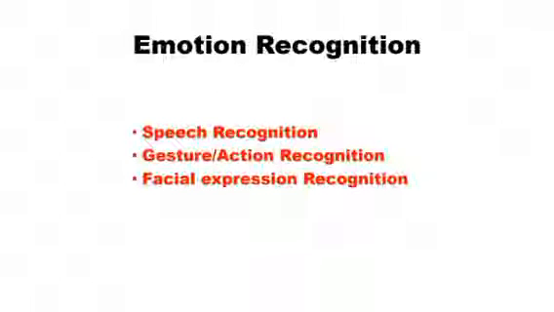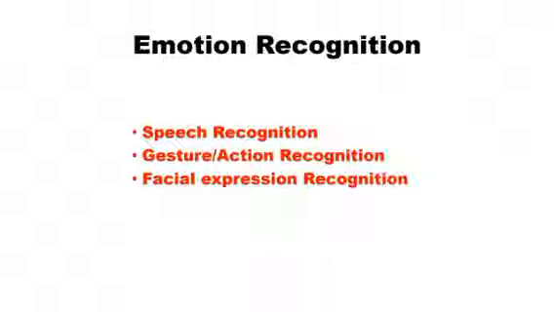Next point is emotion recognition. So there are different types of emotion recognition, like speech recognition, gesture or action recognition, and facial expression recognition. So let us see the first one, speech recognition. In this, you can recognize emotion after hearing the voice or speech of a particular person and can easily identify the emotion. Then the second one is gesture or action recognition.